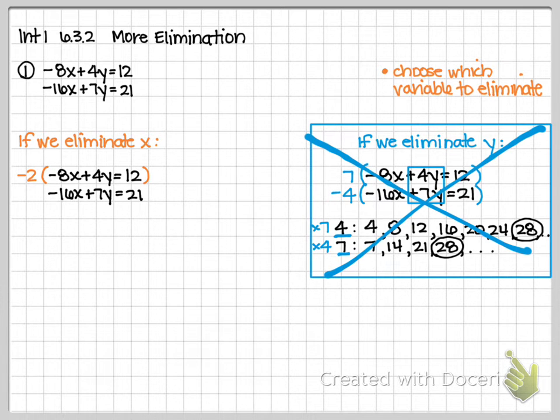So now let's actually do it. So we're going to distribute that -2 all the way through. That's going to give me a positive 16x, a negative 8y, and a negative 24. So all the way through. Slide the other equation over.